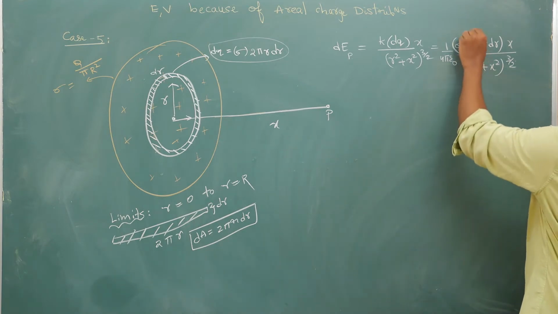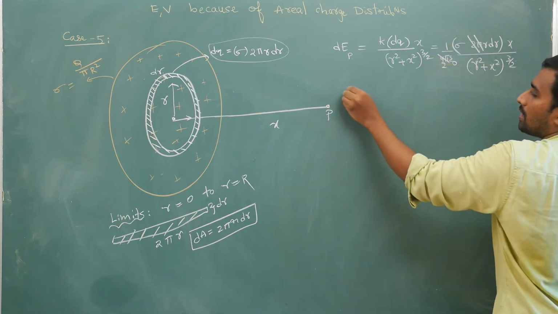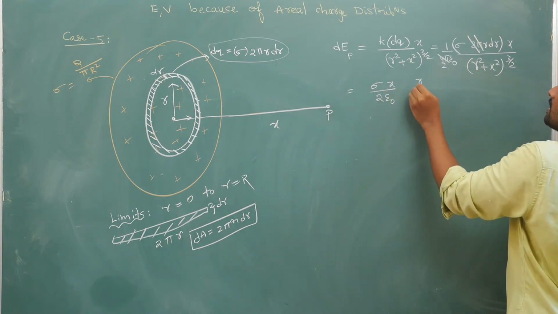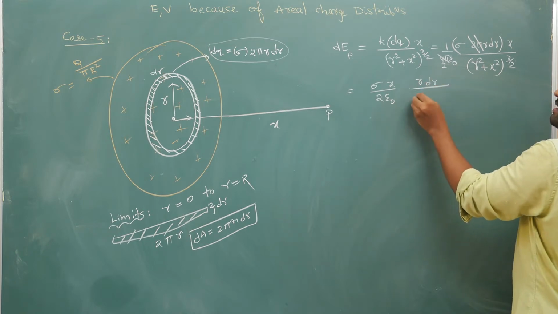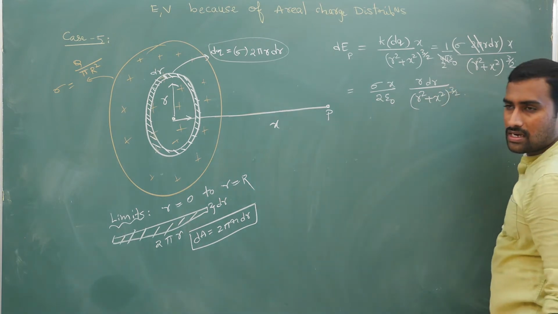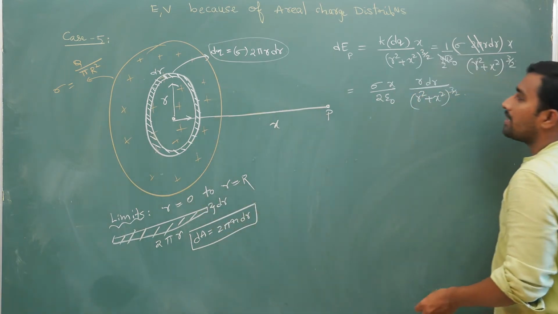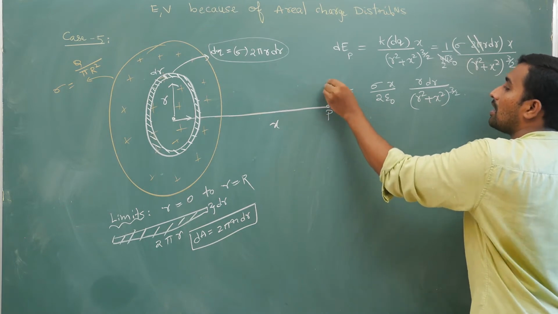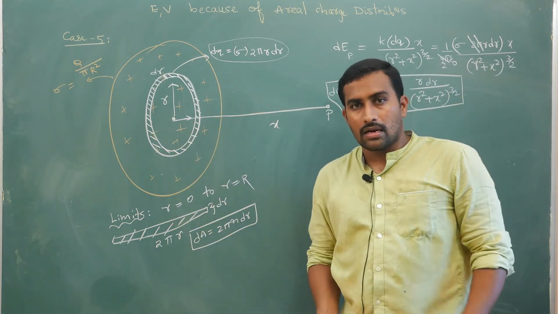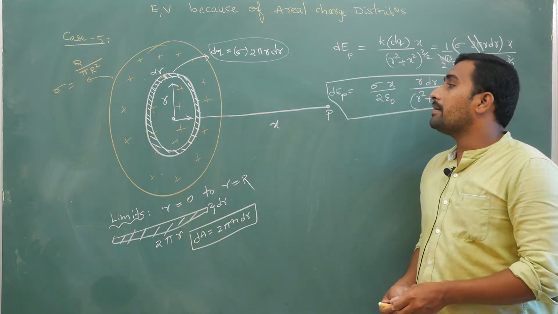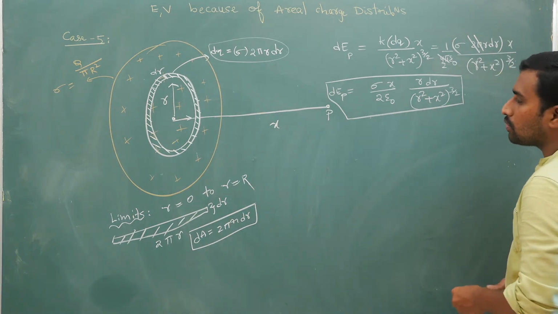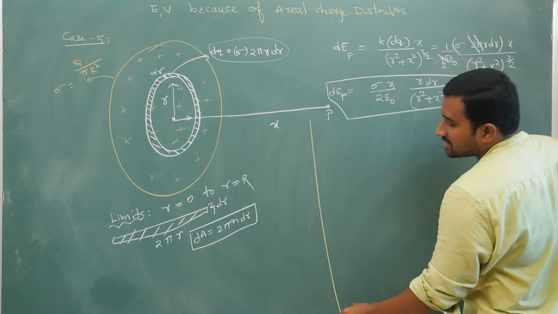Now 2 pi cancels 2 pi, so you are going to get sigma x by 2 pi epsilon naught times r dr by r square plus x square whole power 3 by 2. So your limits are varying from r equal to 0 to r equal to capital R. This is your small electric field dE_P because of this elemental ring. Now what I am going to do is integrate this small field to get the complete field. Now to do so, I will interchange the limits.